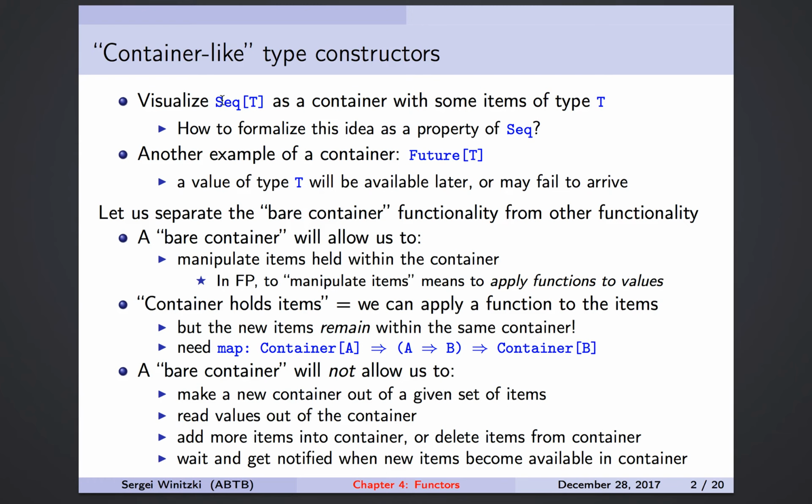So for instance, if it were a sequence, then it will remain a sequence. So we have a sequence of A, we can map and we get a sequence of B.